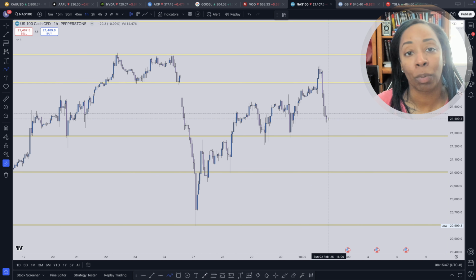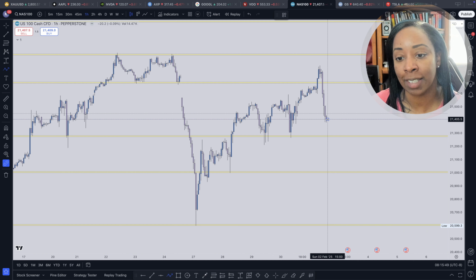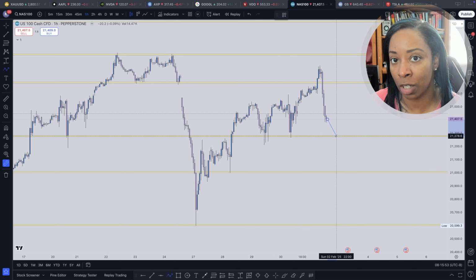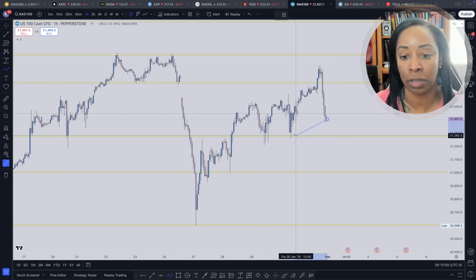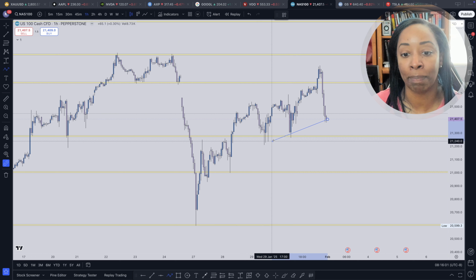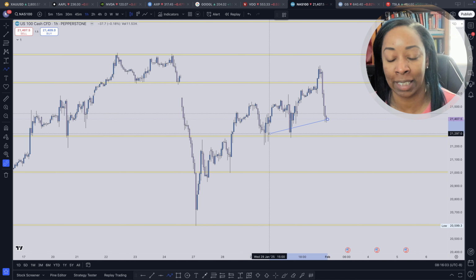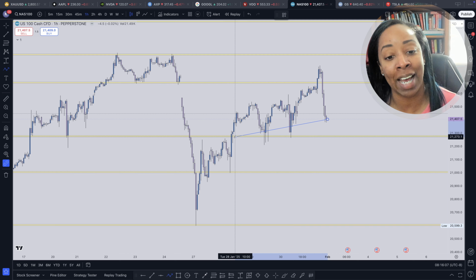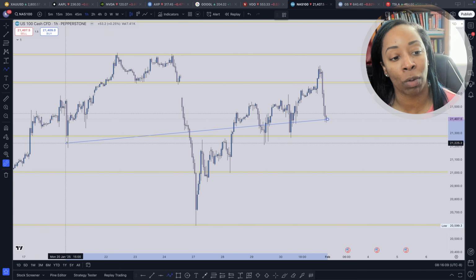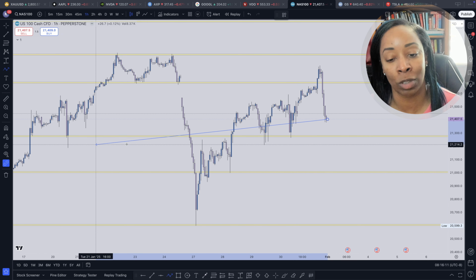All right, so what price could potentially do is come down to this level at 21,200 and roughly 80. And we see how in the past price bounced off of this level, and then price bounced off of this level 3 times in this situation, and then once again here. And then if we look in the past couple of weeks, we can see that price also respected this level multiple times.